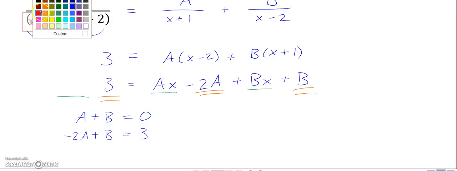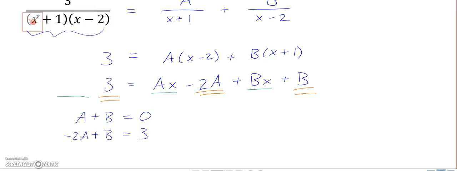So I'm going to multiply the bottom one by negative 1. And that's going to give me the following two equations. a plus b equals 0, and 2a minus b equals negative 3.